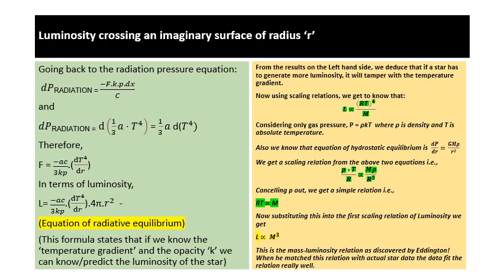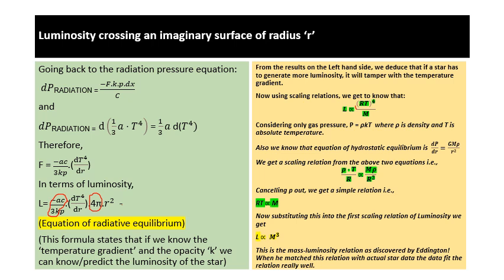We will do some proportionality relations. So for luminosity here we can see all these are constants, and this also, and this is a constant. So its temperature raised to the power 4, r raised to the power 4.